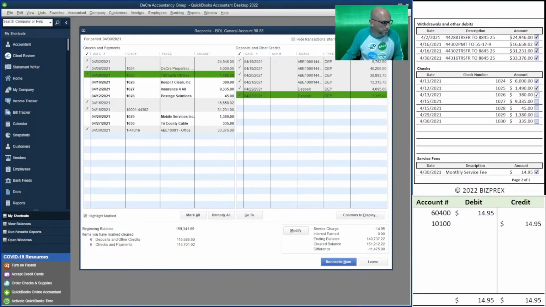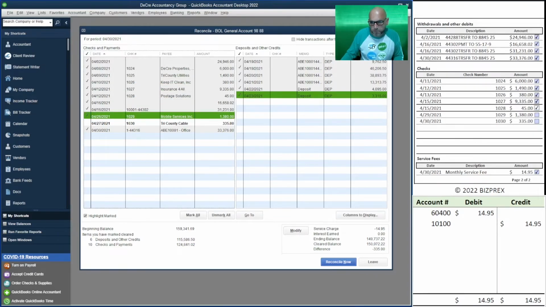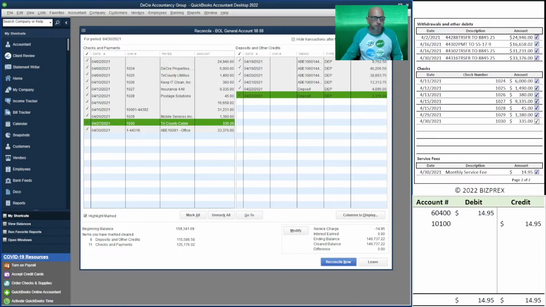Check 1026. Check 27. 28, 29, 30. Yes, we're at 0, right? So again, our difference is at 0. That's what we want. We can click reconciliations.